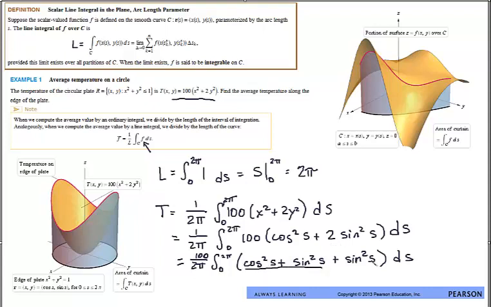That'll allow me to integrate this very nicely, and I will get that this is 100 over 2 pi. Completing this integral, you will then get that to be 3 pi, so times 3 pi. Performing your little computation, you will get that this equals 150. That's the average temperature on the edge of the plate.